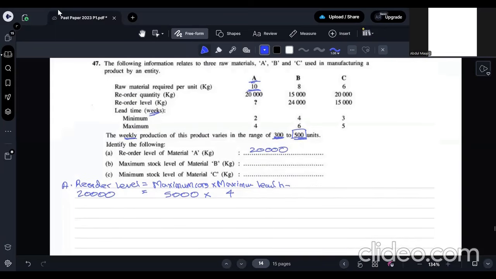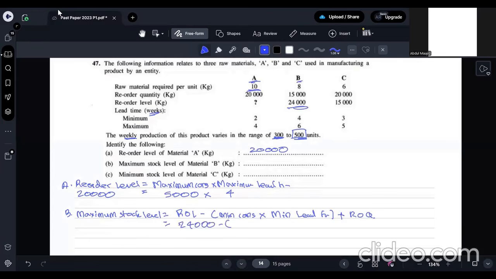Then next, B, maximum stock level of material B. Maximum stock level equals reorder level minus minimum consumption into minimum lead time plus reorder quantity. Reorder level of material B is 24,000.